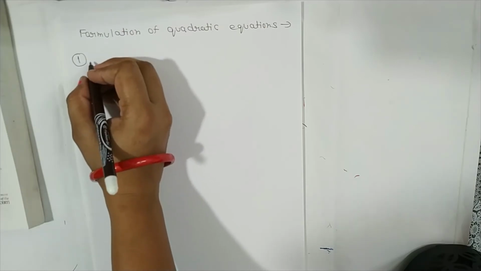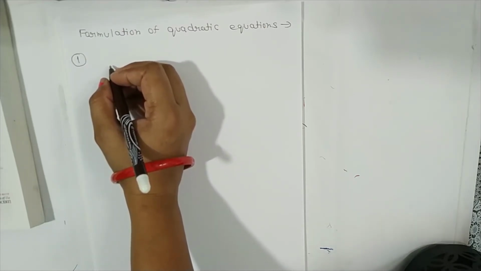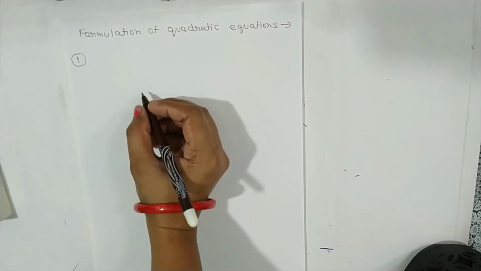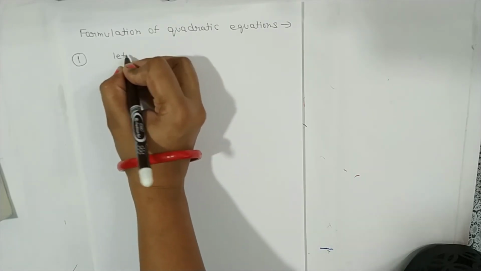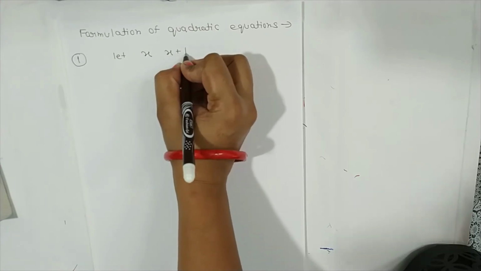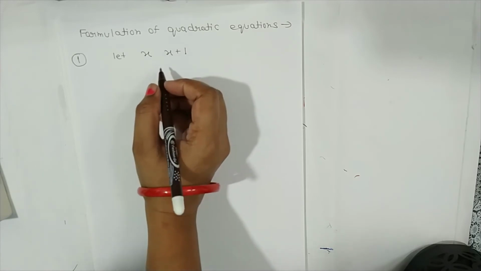So the first question is: the product of two consecutive positive integers is 240. So consecutive positive integers, let's say the first is x, so the next will be x plus 1. Now their product will be equal to 240.